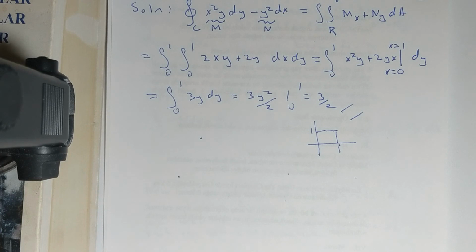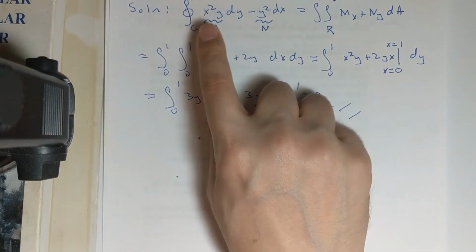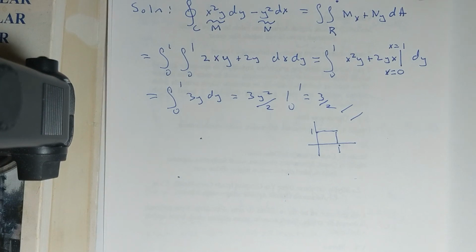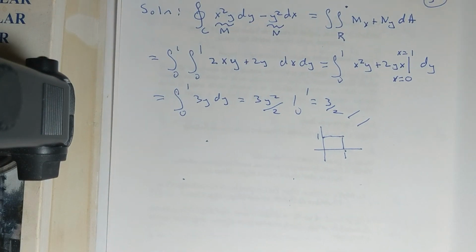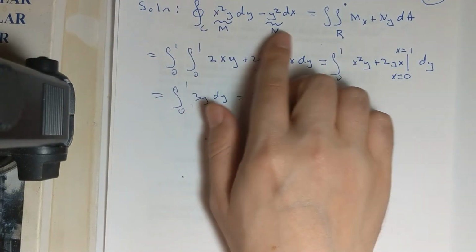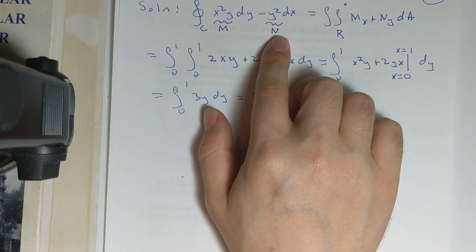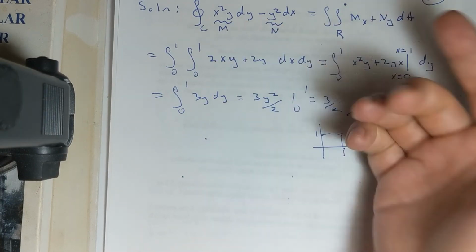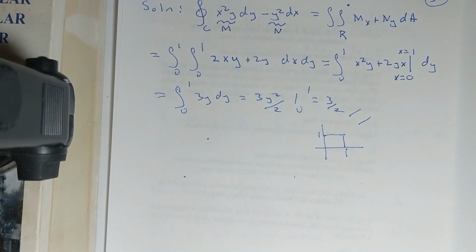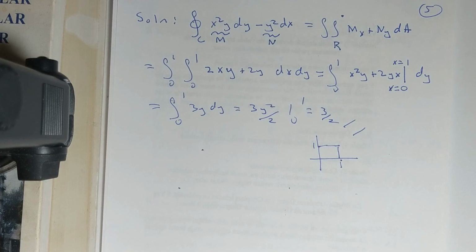So it's a very nice trick, especially when the fields you're interested in are not conservative. Like this one is not conservative, right? Because M sub y would be just x squared and N sub x would be 0. So it's not conservative. We wouldn't be able to use the fundamental theorem of line integrals.